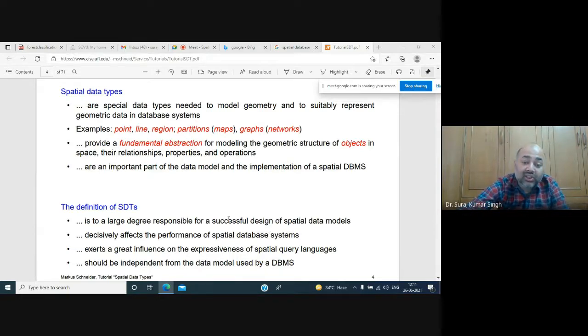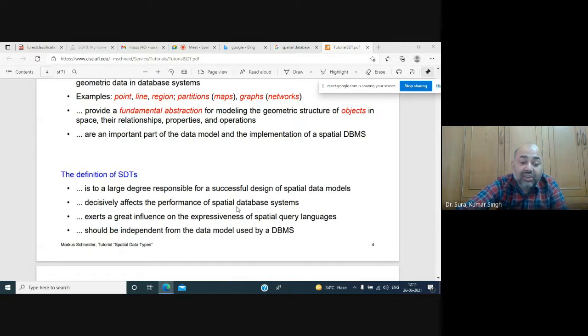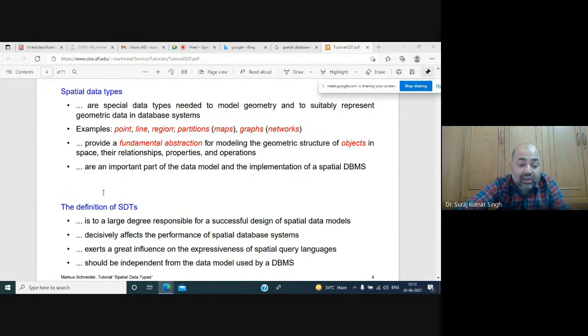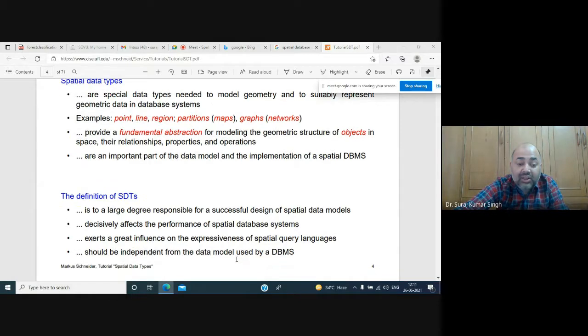So what is the definition of spatial database modeling system? The definition of SDT is to a large degree responsible for a successful design of a spatial database model. It decisively affects the performance of a spatial database system, exerts a great influence on the expressiveness of spatial query languages, and should be independent from the data model used by the DBMS.